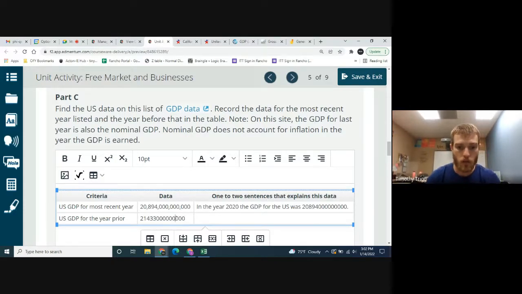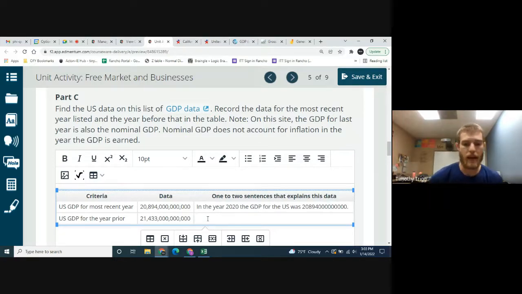Okay. So this is not really a good sign because honestly, you want to see GDP increasing. You can see the year in 2019, the GDP was actually higher than in 2020. That's not actually a good thing. You want to see GDP increasing year over year.